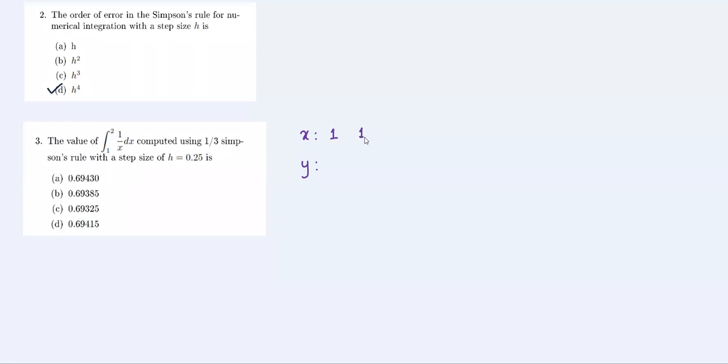Then the next value is 1.25 because h is 0.25. Then 1.5, 1.75 and 2. So we have to integrate from 1 to 2. So you have 5 points and 2 such intervals.